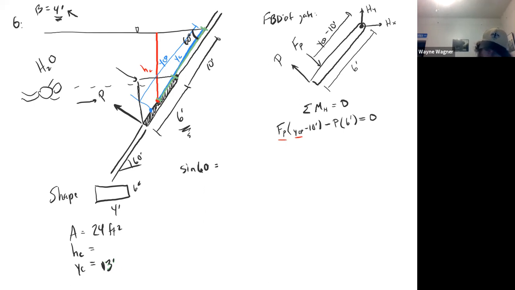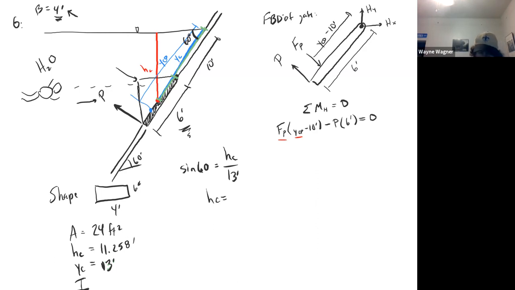The opposite side is H sub C over the Y sub C, which is 13 feet. So H sub C equals 13 sine 60, which is 11.258 feet.